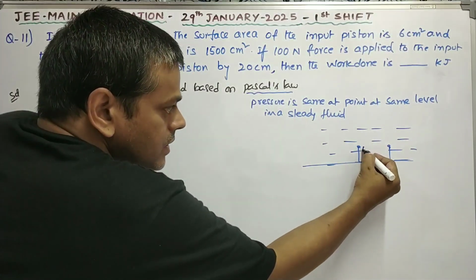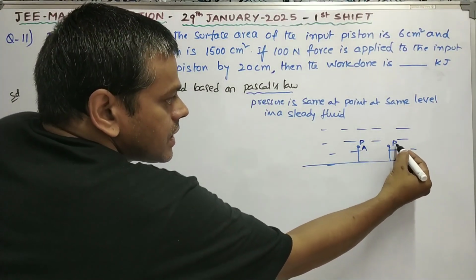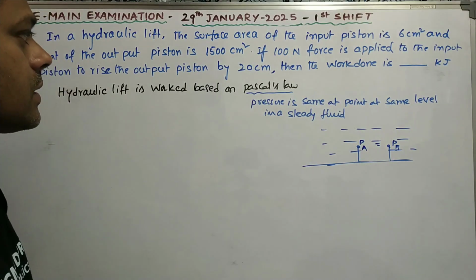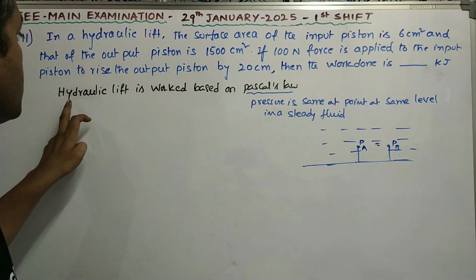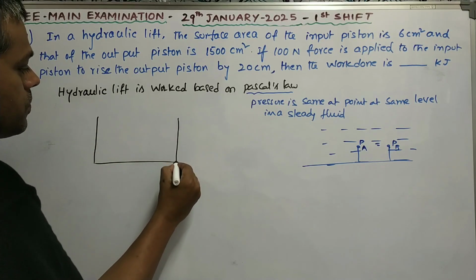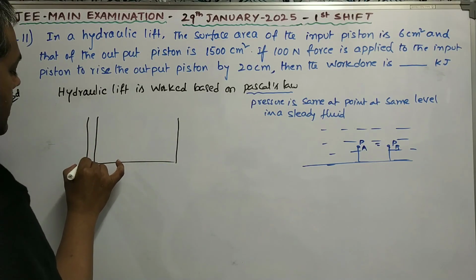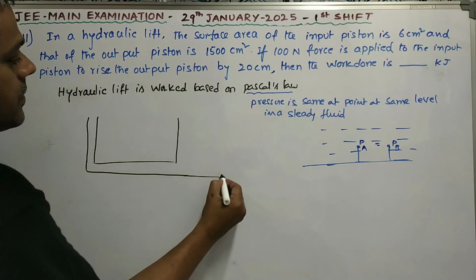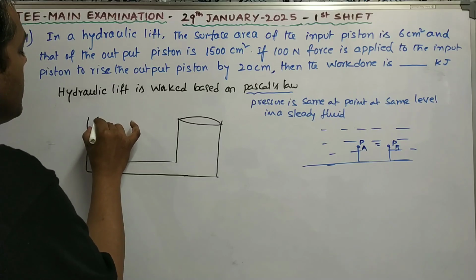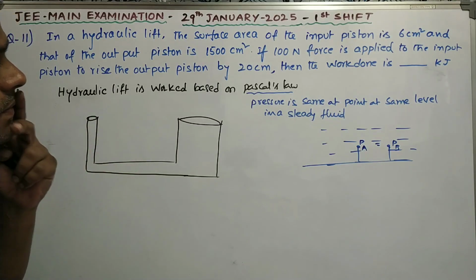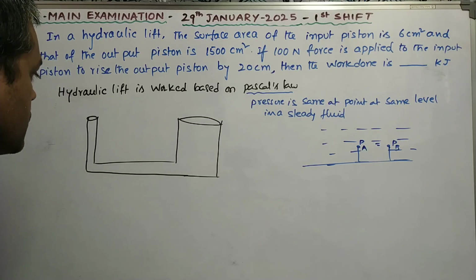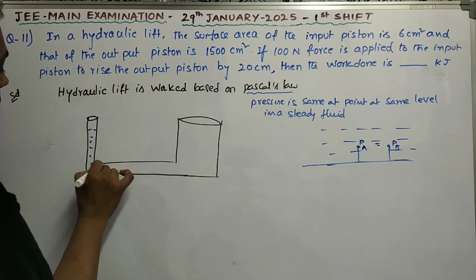So the pressure at point A, say PA, and the pressure at point B are both the same. The best example of Pascal's law is the hydraulic lift. In a hydraulic lift there are two pistons connected with a horizontal pipe, for providing the same pressure at the same height points. So this is a hydraulic lift.